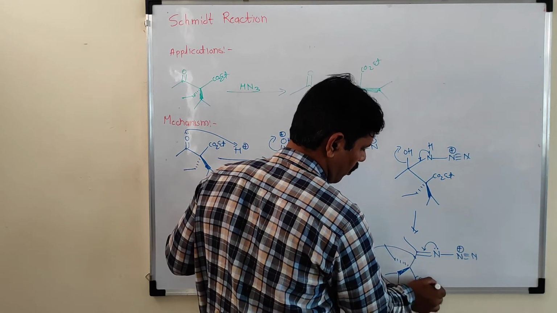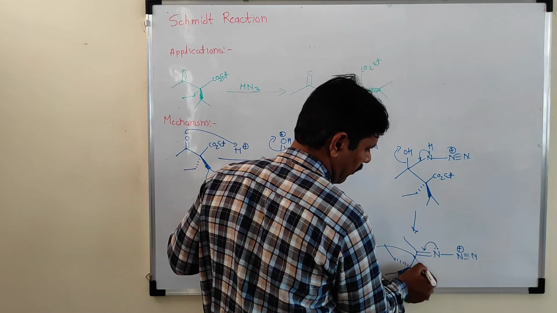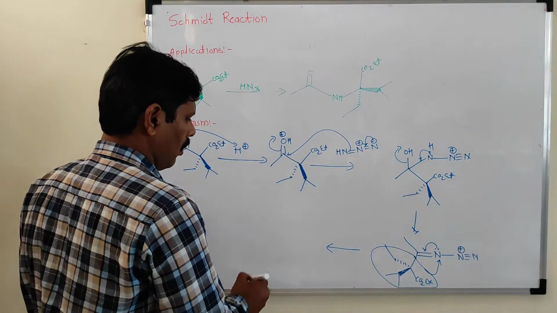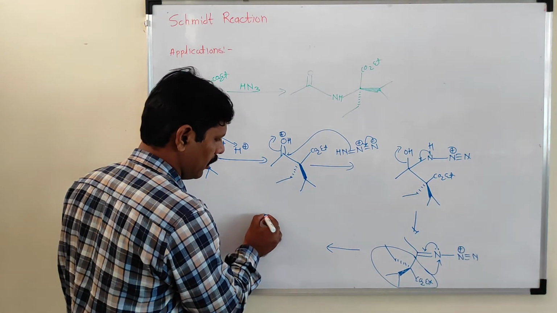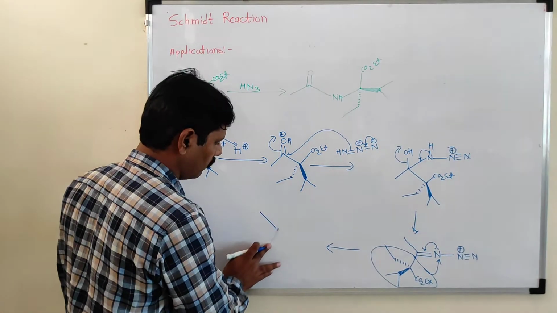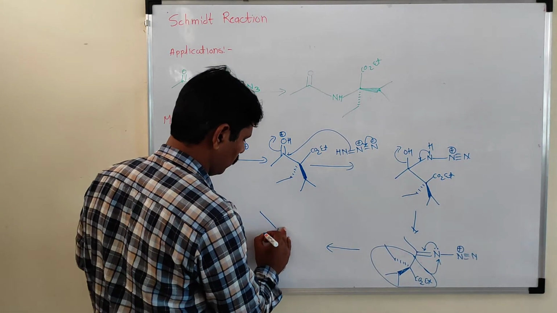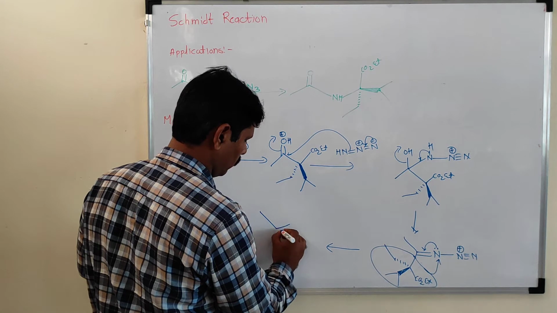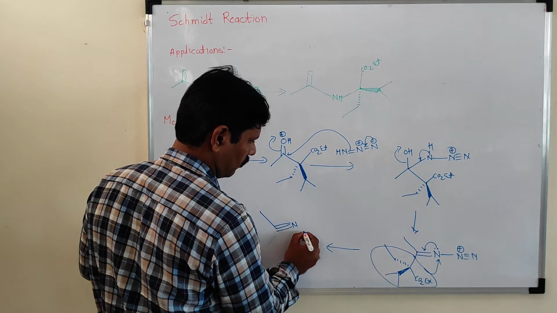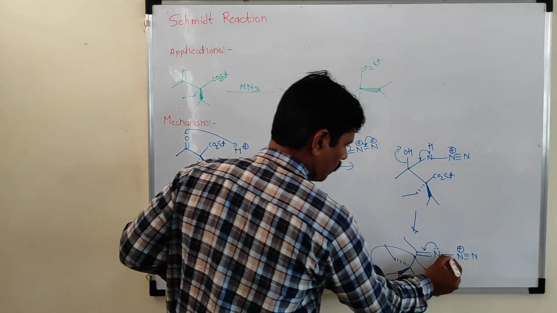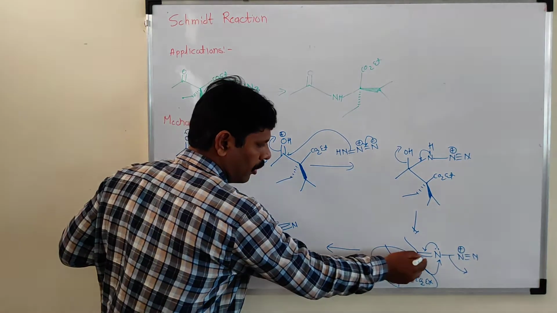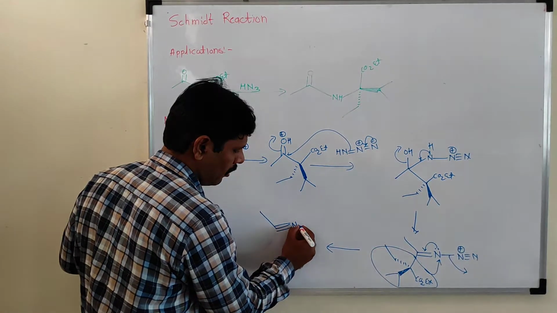That group which gets migrated to nitrogen, with the formation of this intermediate. N2 is lost here. Here, that substrate is migrated to nitrogen.